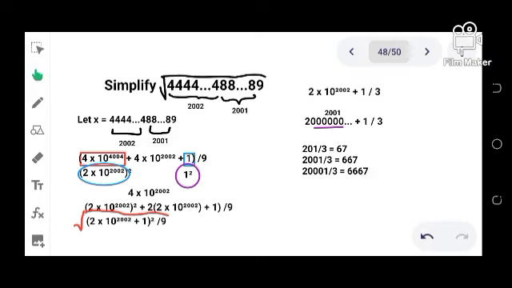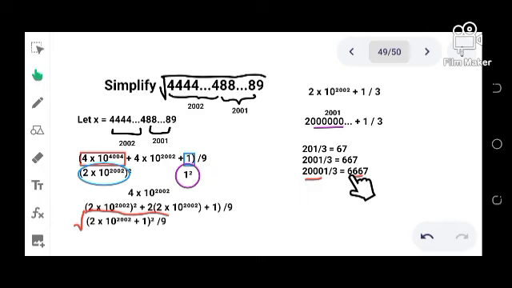And as you can see, if we have 201 divided by 3, that gives us 67. 2001 divided by 3, that gives us 667. And 20,001 divided by 3 is equal to 6,667. So from here, we can conclude that the number of zeros in the dividend is just equal to the number of 6s in the quotient.